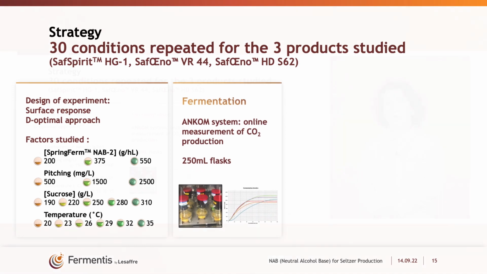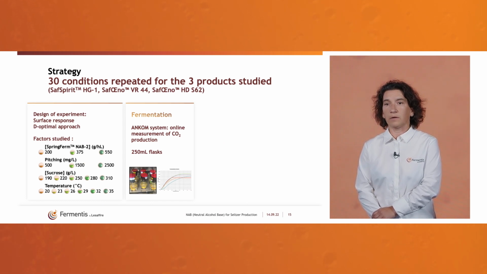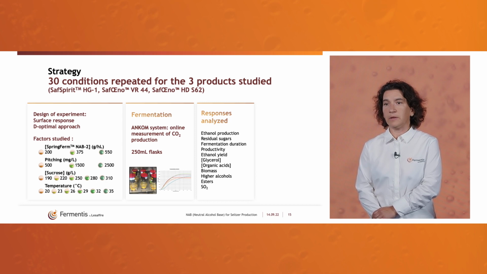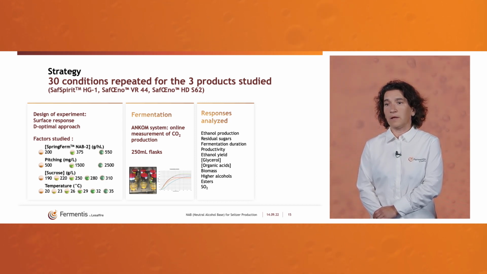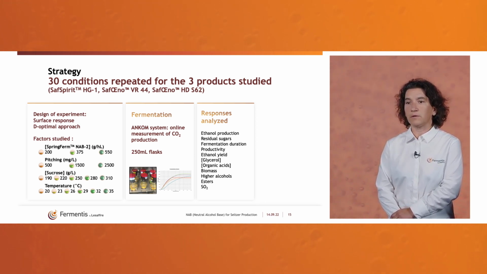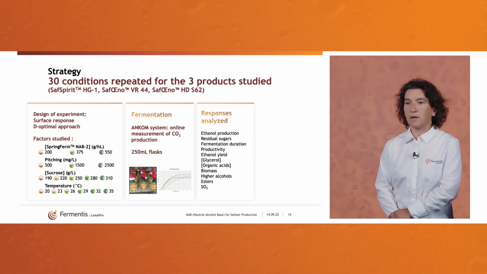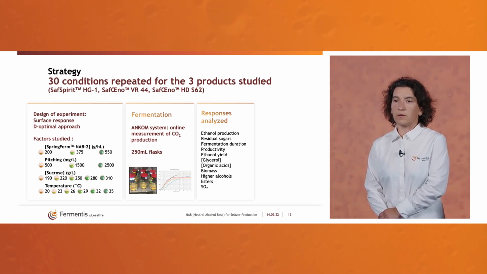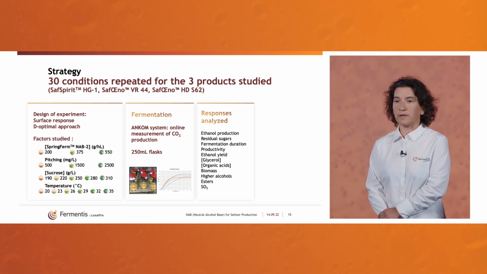The fermentations were performed on an on-line system, which allowed us to follow the measurement of CO2 production online. Different responses were analyzed, like ethanol production, residual sugars, fermentation duration, productivity, ethanol yield, the concentration of glycerol, the concentration of different organic acids, the biomass production, the higher alcohols production and ester production, and also the SO2 production.